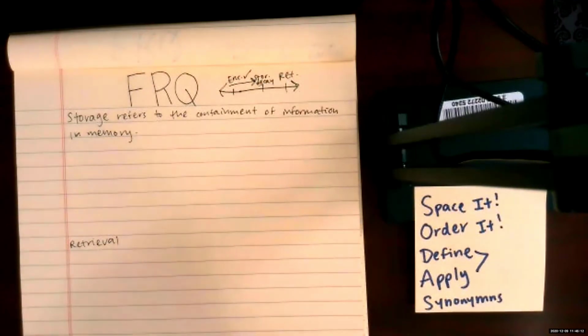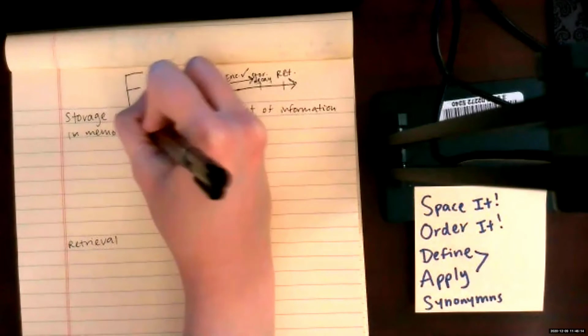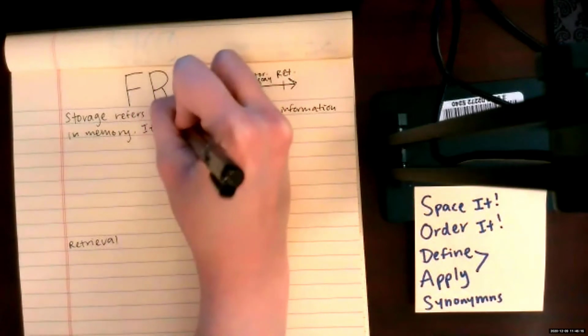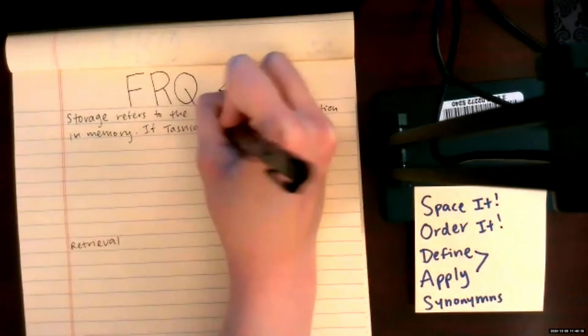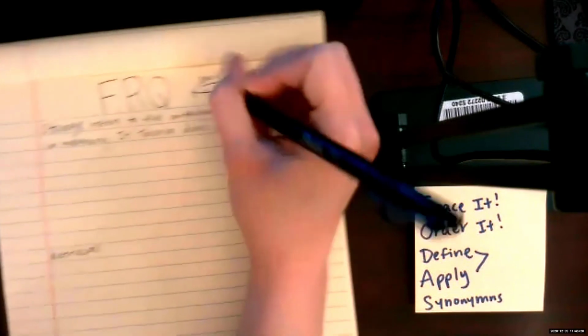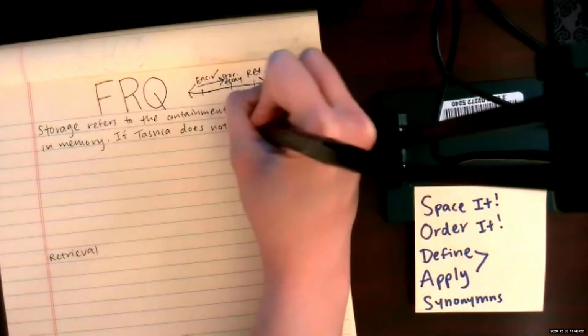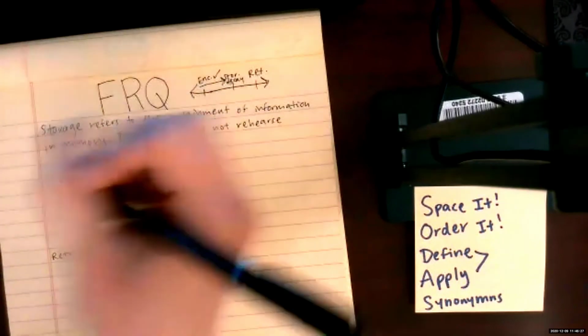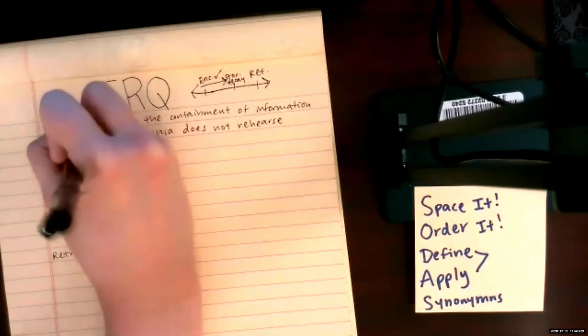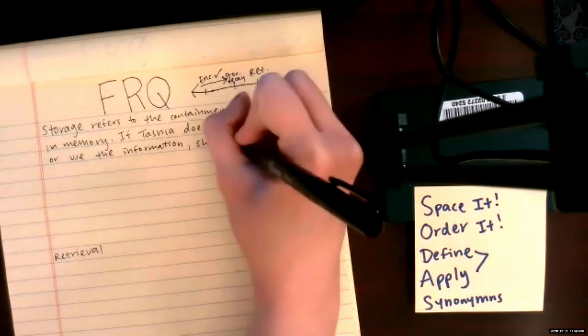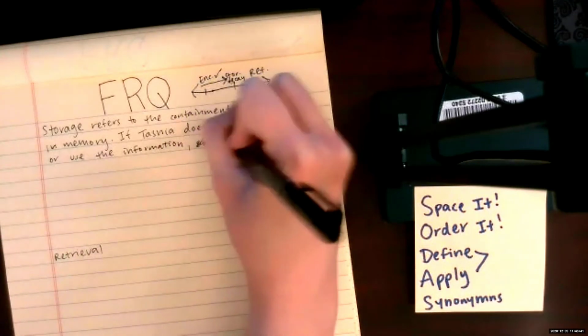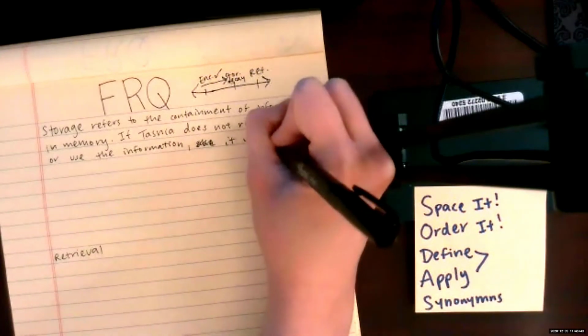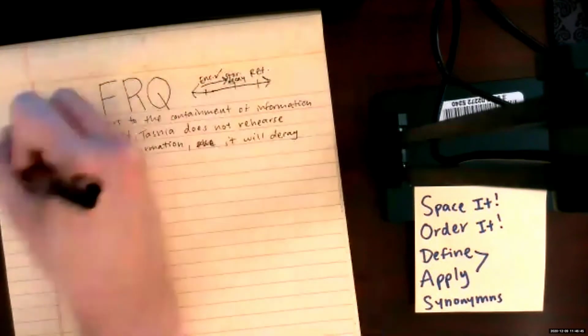So like Ahmad was saying, we could say, if Tosnia does not rehearse or practice the information, or you could say, or use the information, I'm going to say, it will decay over time.